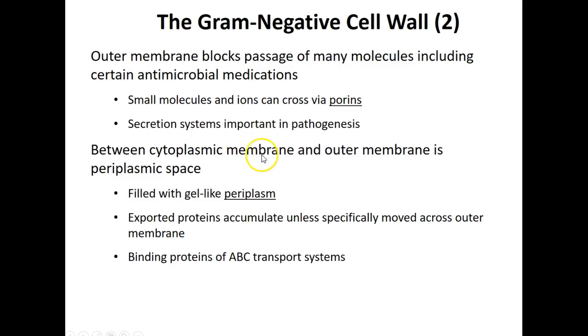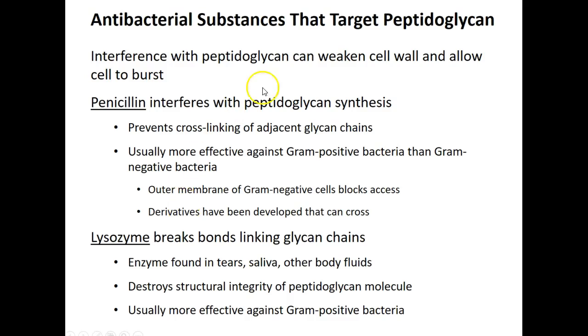Between the cell membrane and the outer membrane is that periplasmic space. It's full of gel-like material, as you heard me mention in association with the gram-positive cell. And the most important thing, as I mentioned before, is that although you will have peptidoglycan there, it'll be a much thinner layer of peptidoglycan.